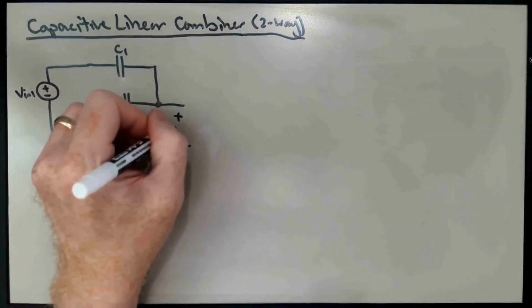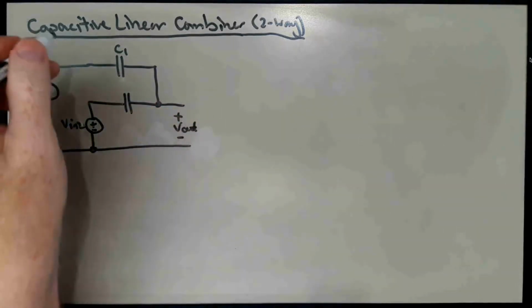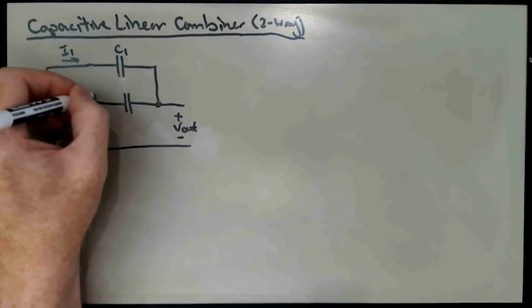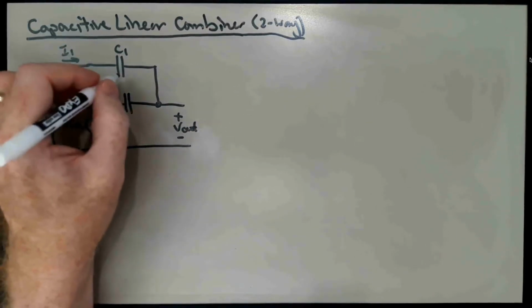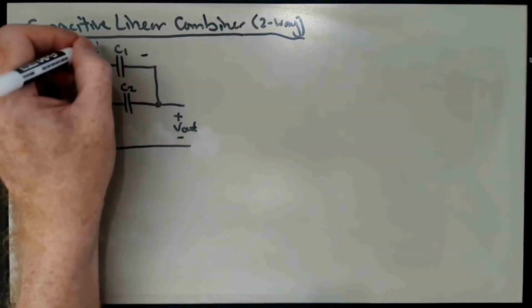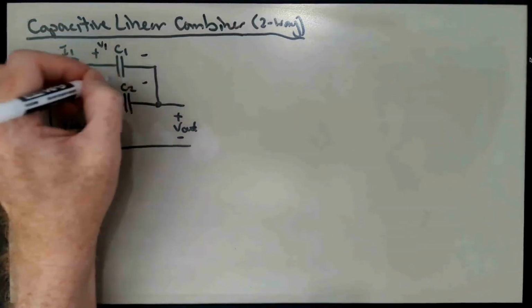So this is our output Vout. And there's going to be, say, an I1 and an I2, and a plus minus V1 and plus minus V2.